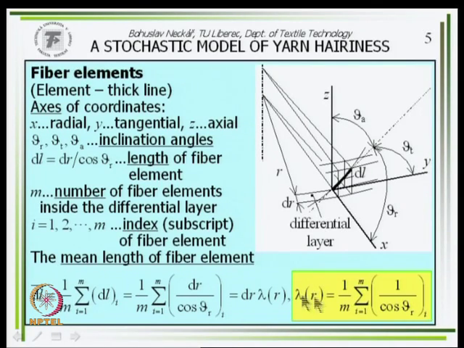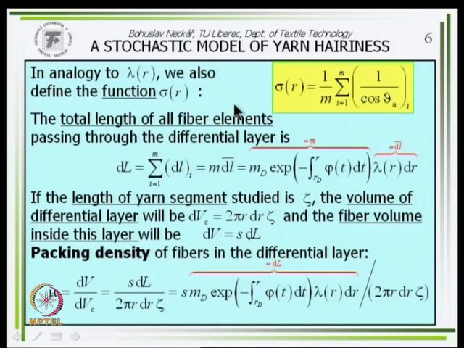What is the sense of lambda r? It is the mean value of all reciprocal values of cosine theta r from all fibers in our differential layer. It needn't be the same at each radius. Therefore, generally, this lambda is a function of radius. At another radius, such a value is another quantity.